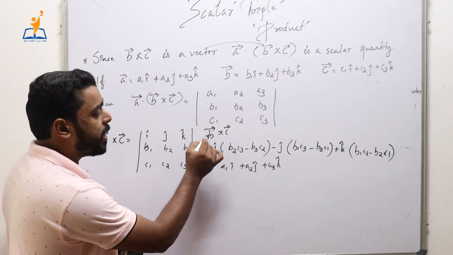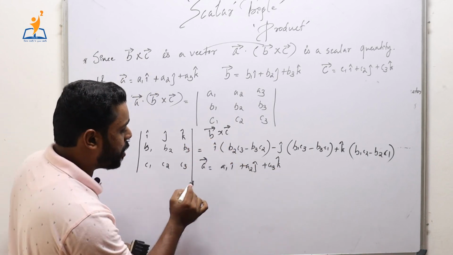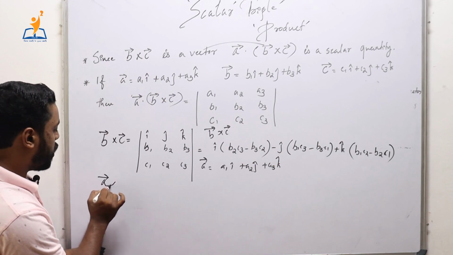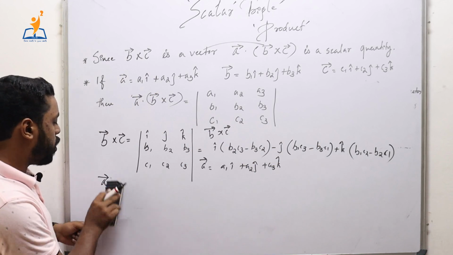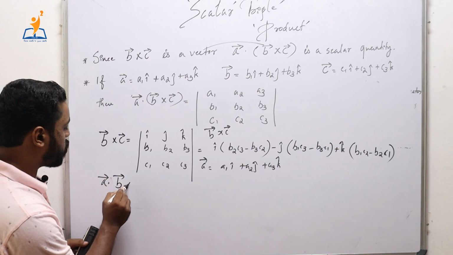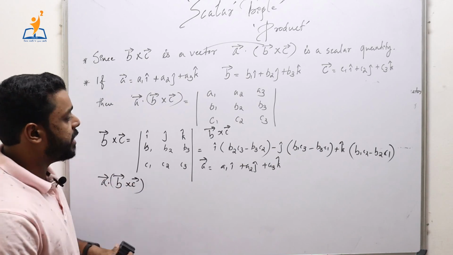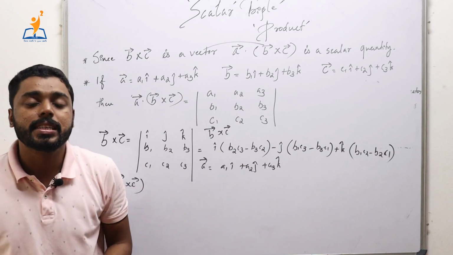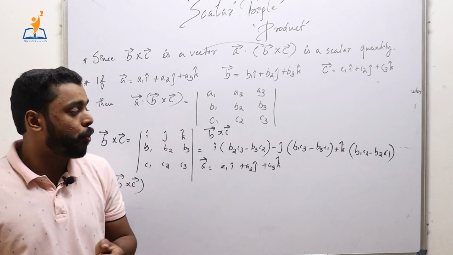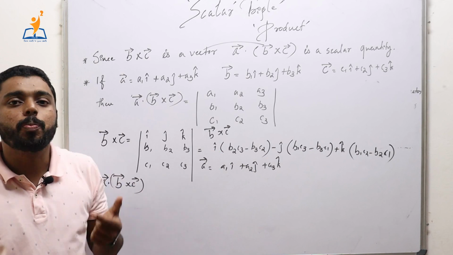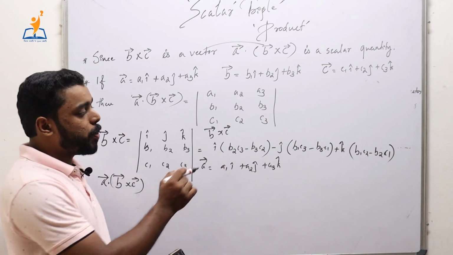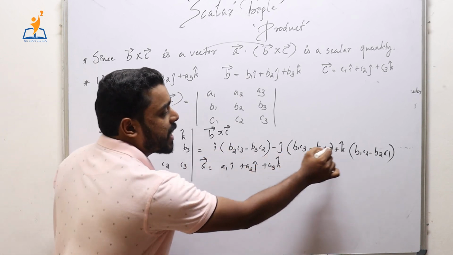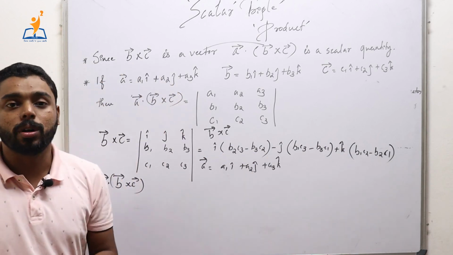So we can easily find the dot product of A and B cross C just by finding the product of the respective components. We know that whenever two vectors are given in the component form, we can find the dot product just by evaluating the product of the respective components and adding them all together, right?